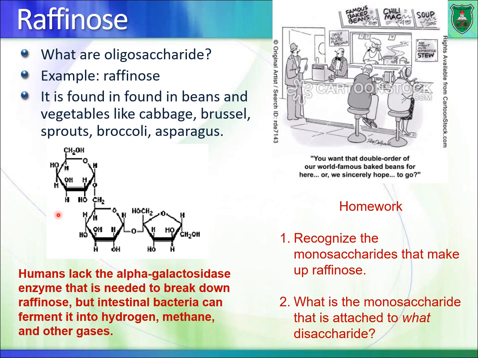Now the thing is, we do not have the enzyme that is responsible for metabolizing raffinose. Okay. Meaning that again, intestinal bacteria would have a party, and as a result, there would be production of hydrogen, methane, as well as other gases.